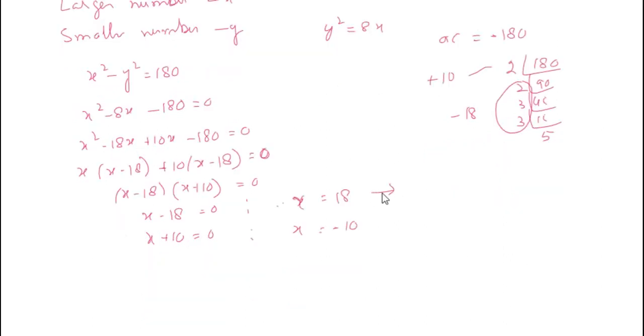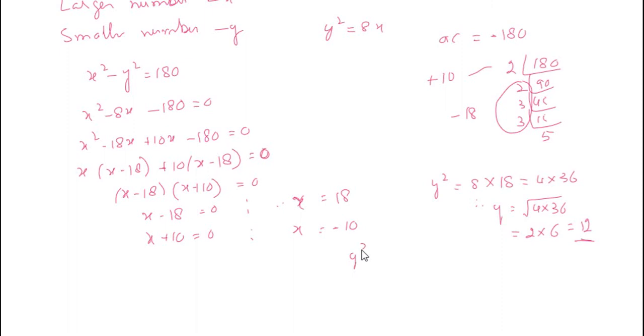Now let us take this value. x equal to 18. So y square equal to 8 into 18. This can be done as 4 into 36. Therefore y is equal to square root of 4 into 36 equal to 2 into 6 equal to 12. x equal to minus 10.